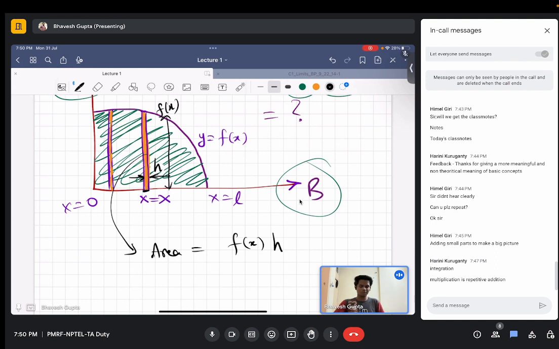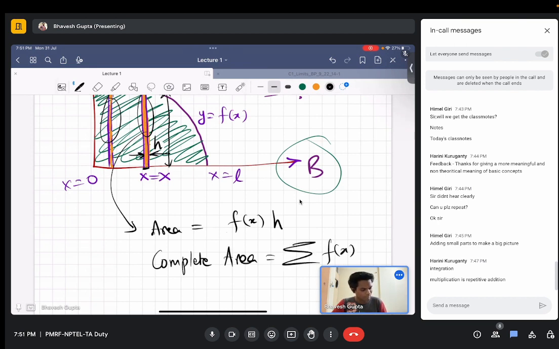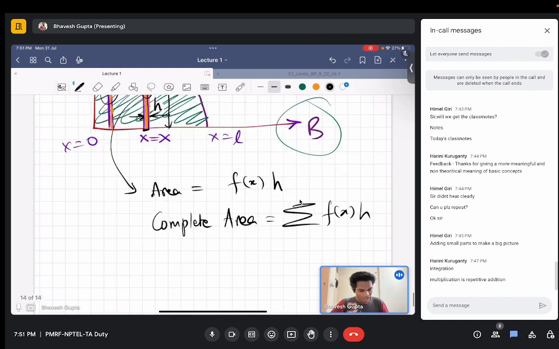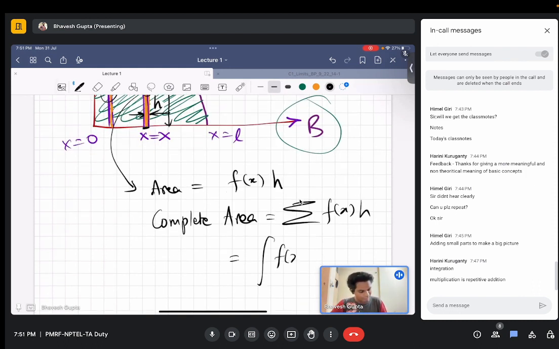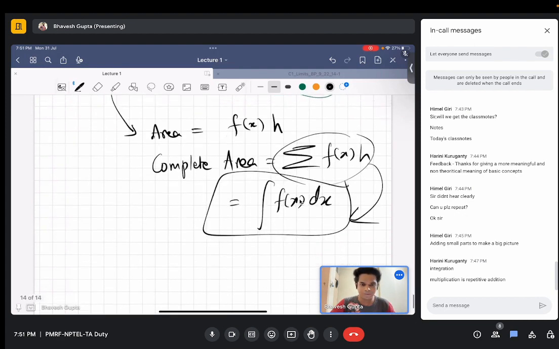I've taken a small width h, and I will sum up all the rectangular pieces to get the complete area. So the complete area will be the summation of all these rectangular pieces, and eventually we will end up with this symbol. In a future session we will discuss how we got this symbol from here.